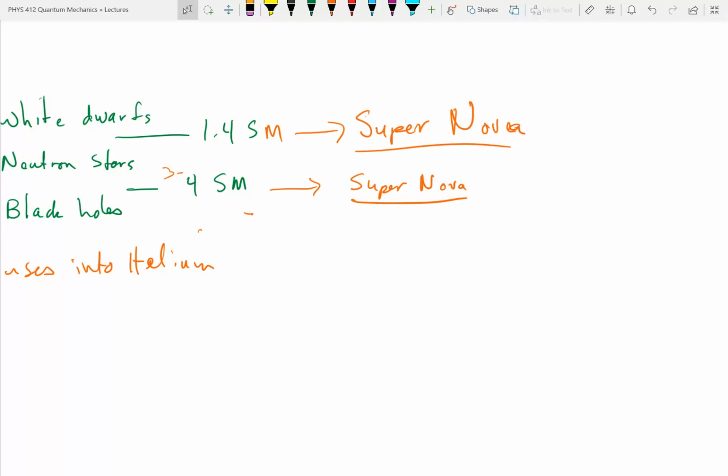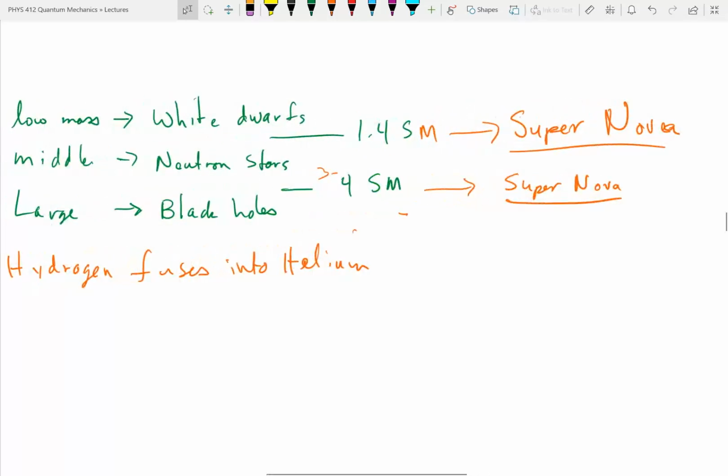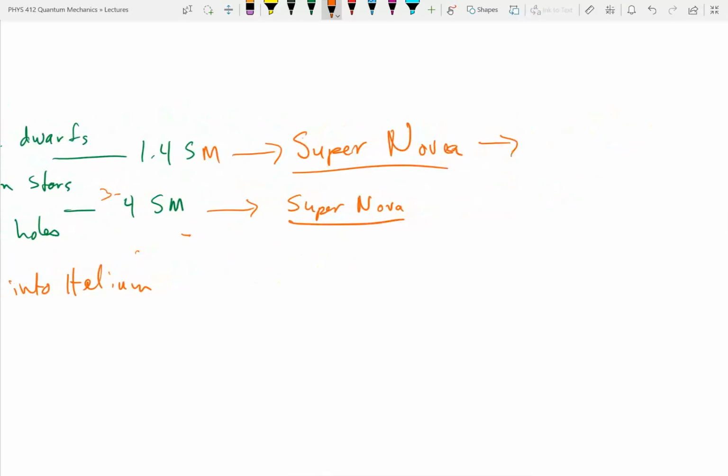I'll just answer this. So, a white dwarf undergoing a supernova creates a cloud. What do we call a cloud in the sky? We call it a nebula. So you have no chunk anymore.